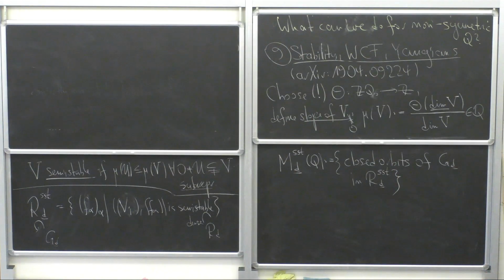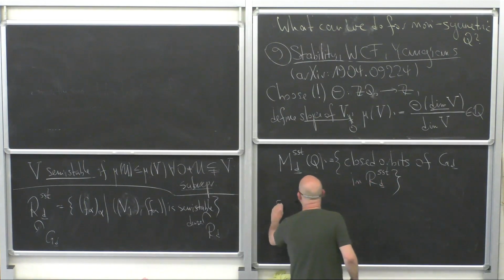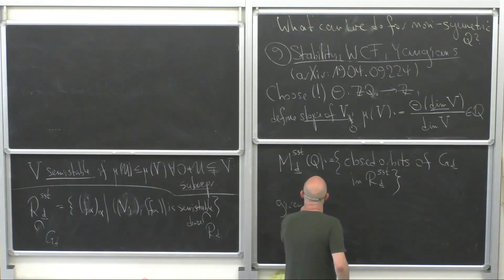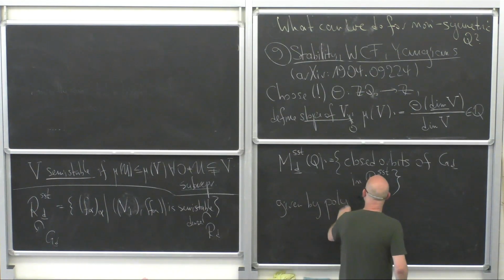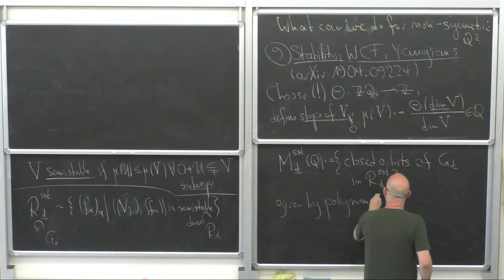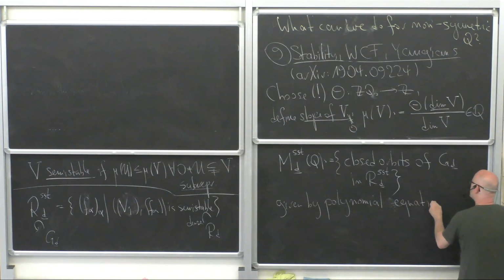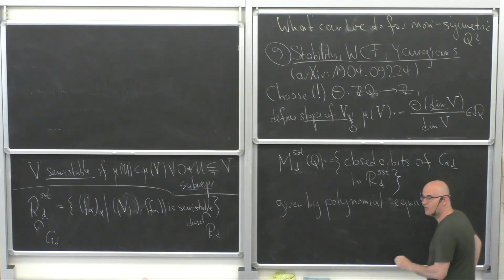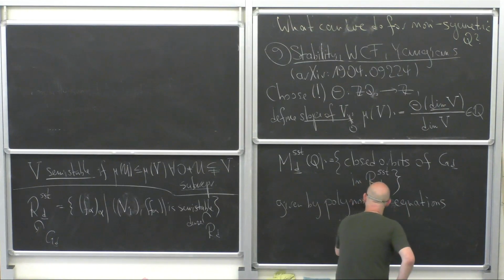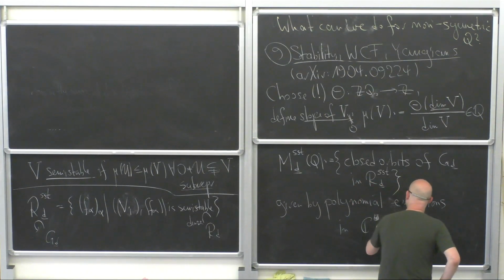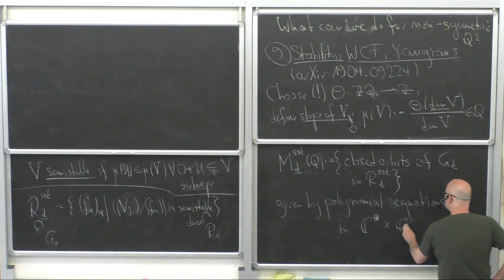And this, again, has a structure of an algebraic variety. It's given by polynomial equations, but now not in affine space, but in some affine space times a projective space of some other dimension.